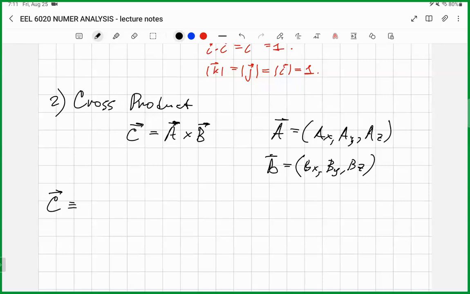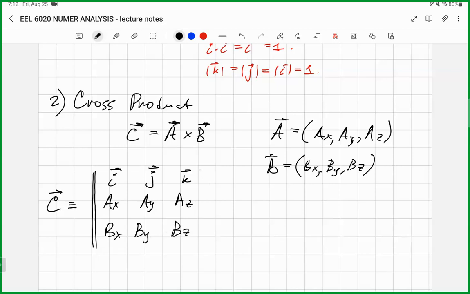Let me denote determinant by two vertical lines. So it will be the determinant with I, J, K, then AX, AY, AZ, the first vector, and BX, BY, BZ, the second vector. So these two vertical lines denote determinants.